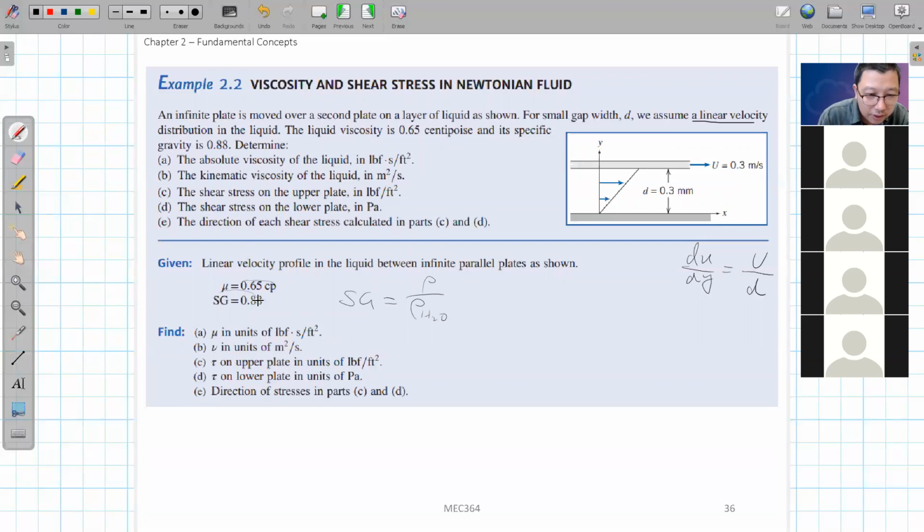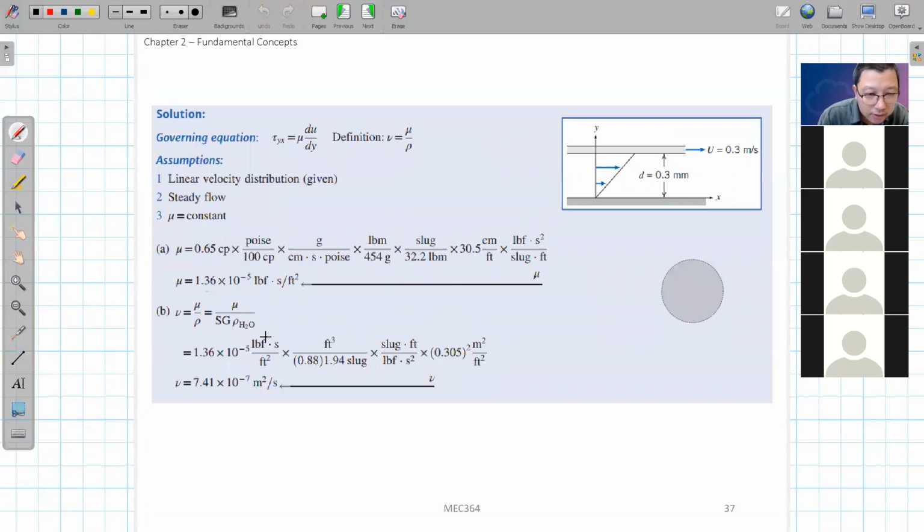And so this is in pounds. So mu divided by rho, where rho is the Sg times the rho of water, will convert to the rho, okay? And this is the mu value we calculated in the first question.